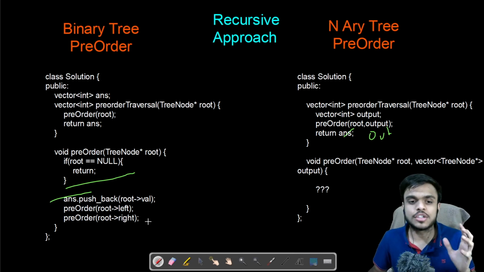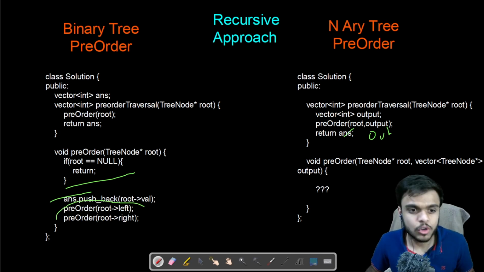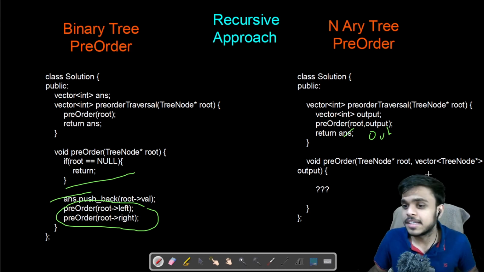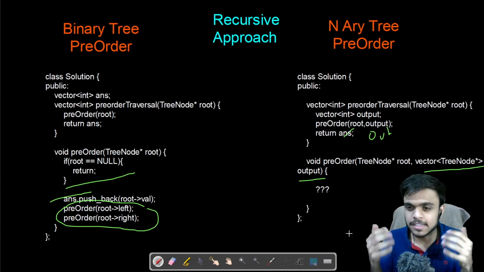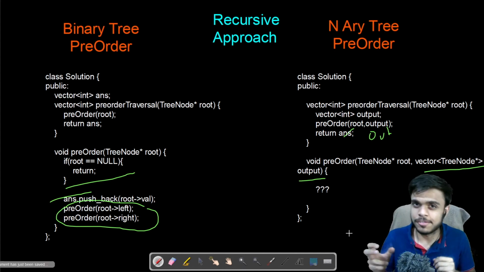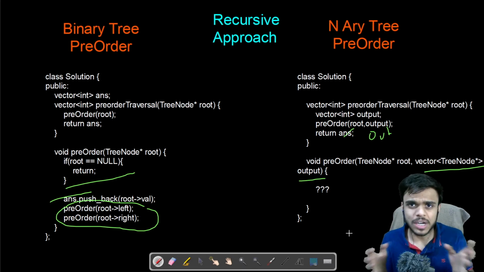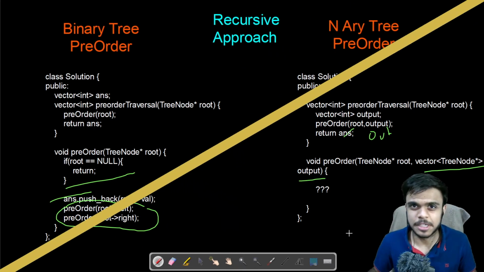So the only thing that would change is the recursing part. Here we had two pointers, so we just wrote two statements for recursing. But here we have a vector, right? So we just need to create a for loop, and in the for loop we need to recurse for every particular child node in that vector. So that's it. Let us look at the code for that and you will understand it better.